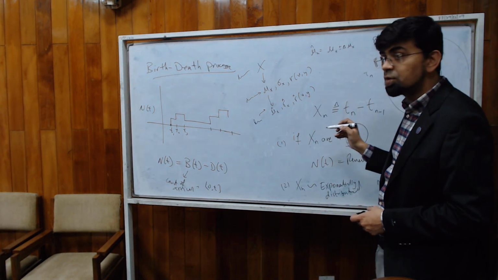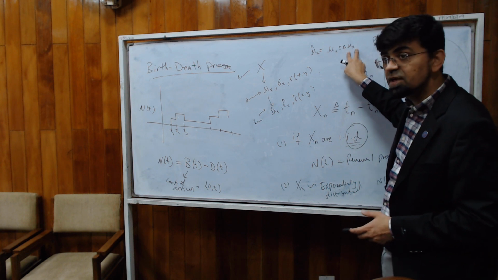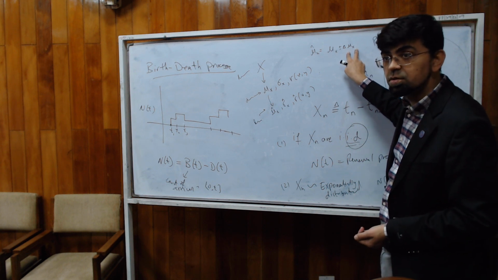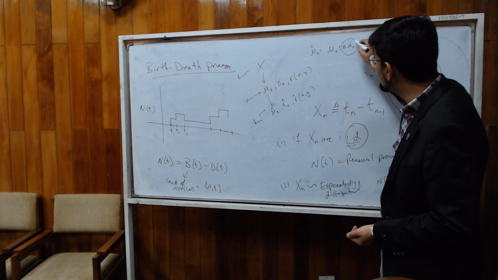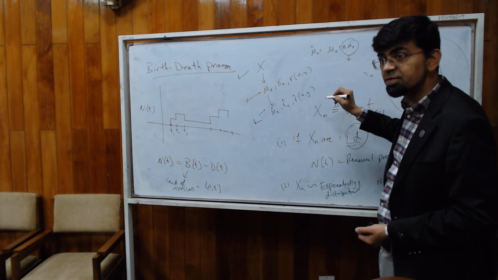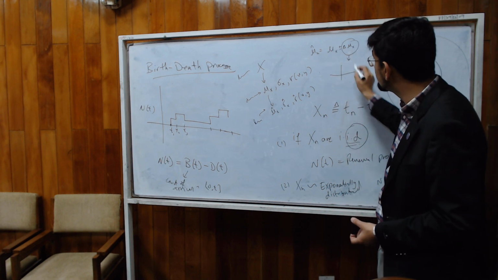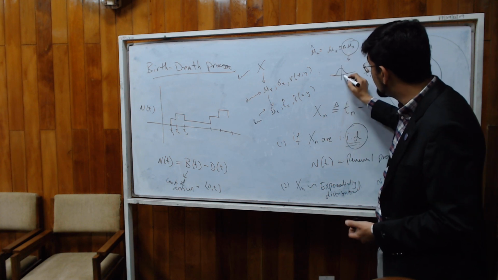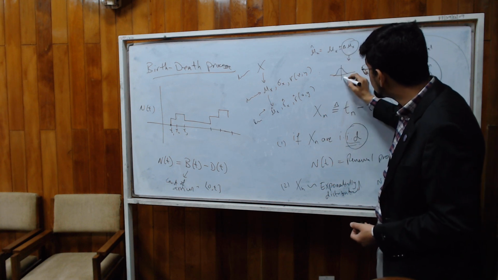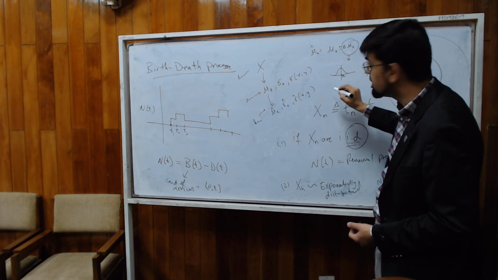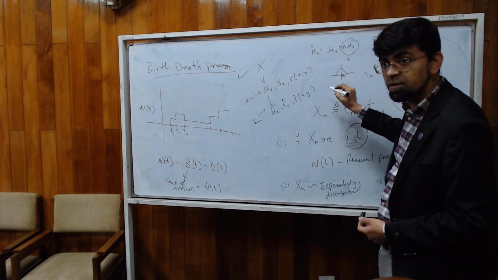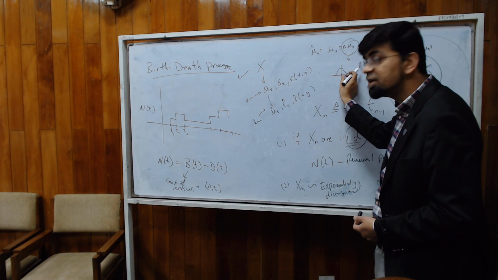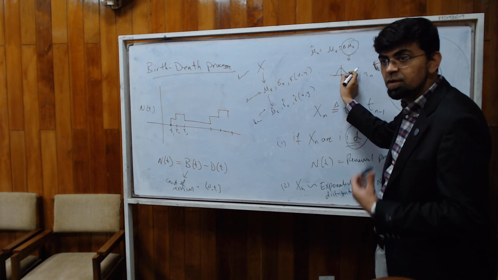What do you want this error to be? Basically 0. In fact it will turn out to be a random process itself, and in many cases it will be Gaussian distributed, and if your estimator is good, it will be centered on mu X: its mean will be the true mean, and its variance will be very small.